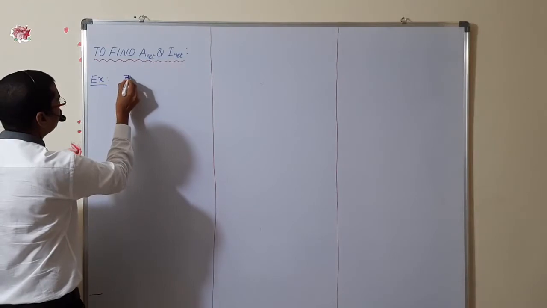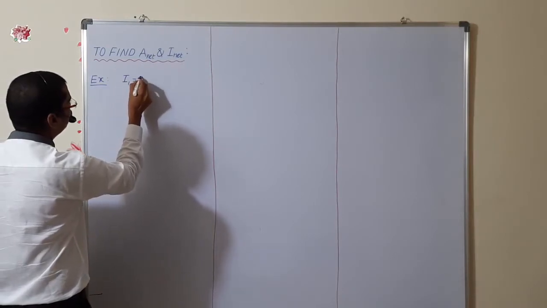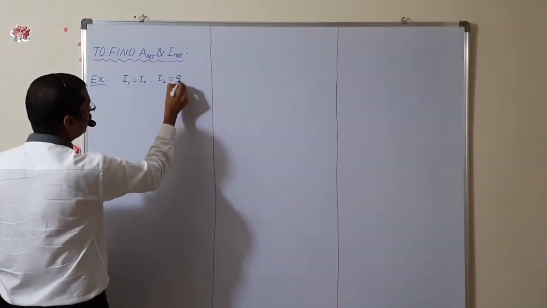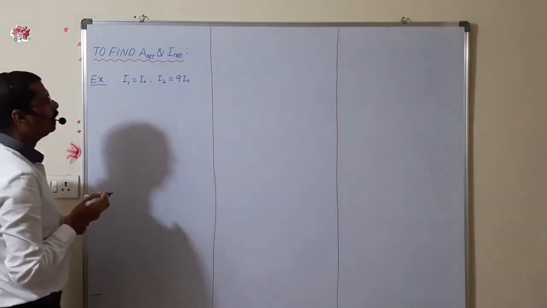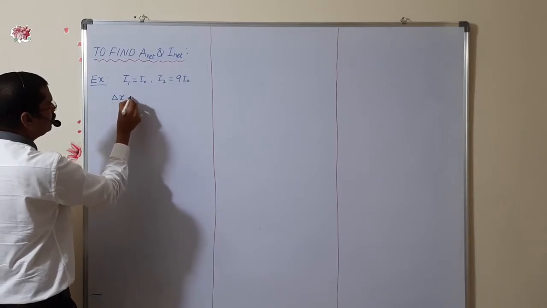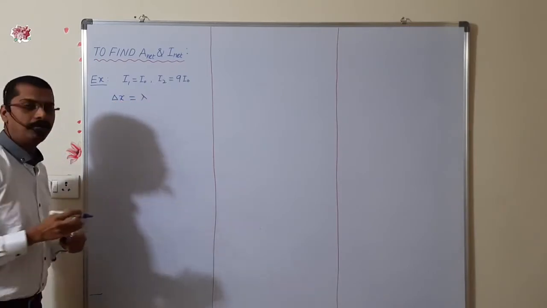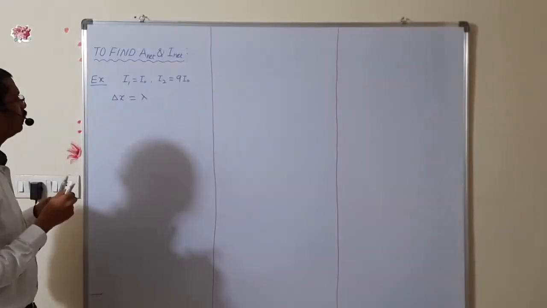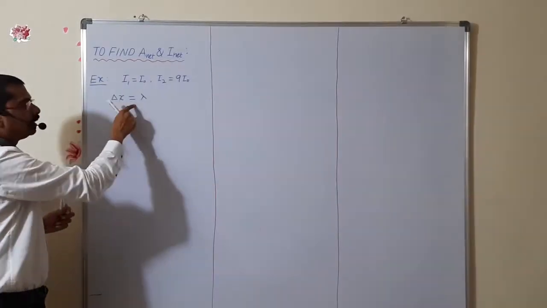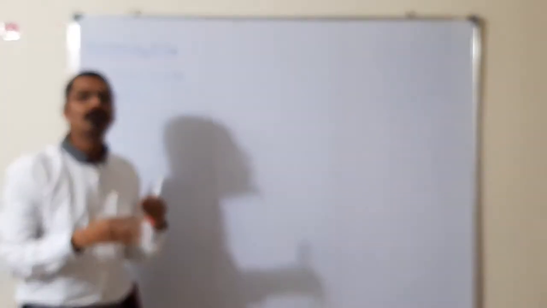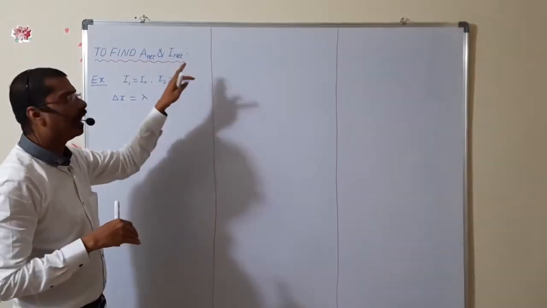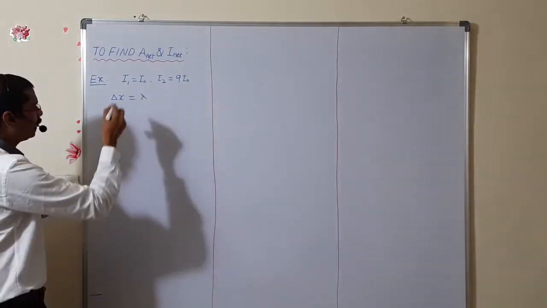For example, two individual intensities I1 equals I0 and I2 equals 9 I0, but the two waves have path difference delta x equal to lambda. Now again we have to find I net and A net. Earlier questions we discussed used the phase difference, but here the path difference is given.